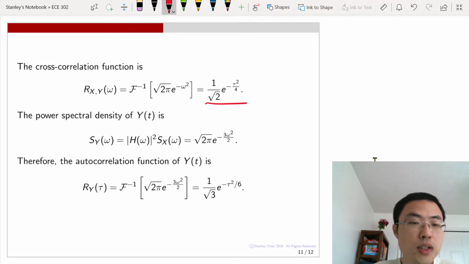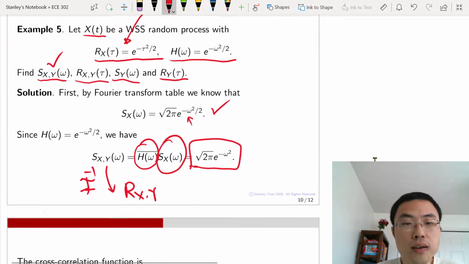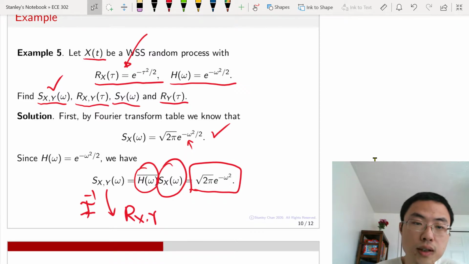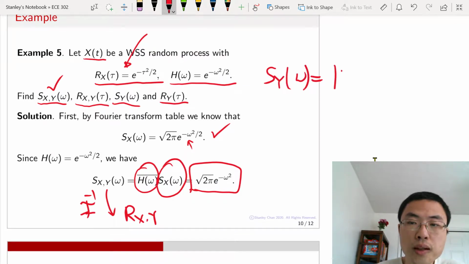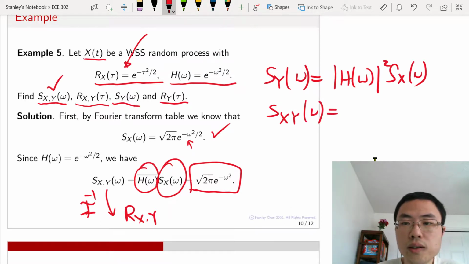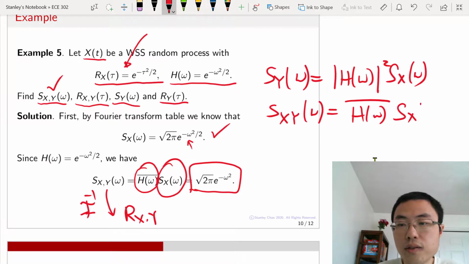Alright, so now what is the power spectral density of y, which is Sy? Now notice that Sy of omega is equal to the magnitude square of h of omega times Sx of omega. This is different from Sxy. Sxy is h of omega conjugate times Sx of omega.